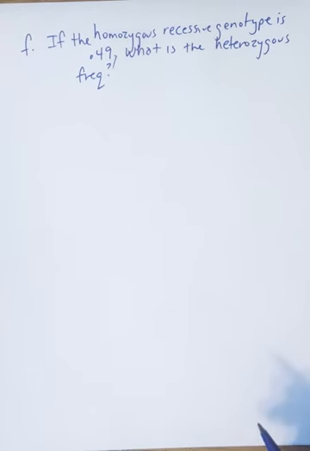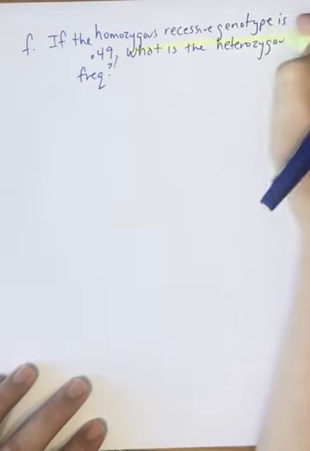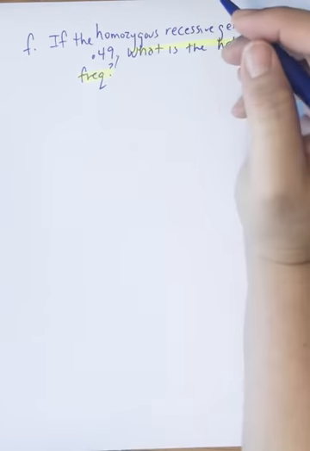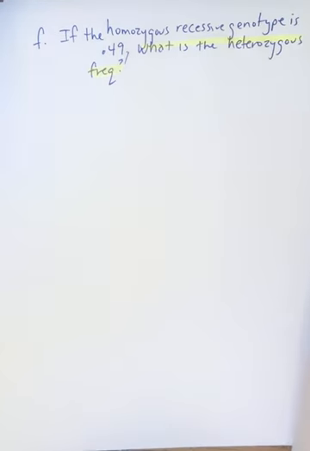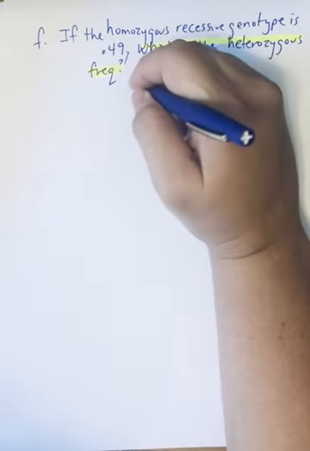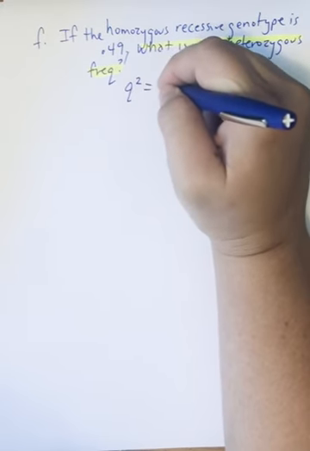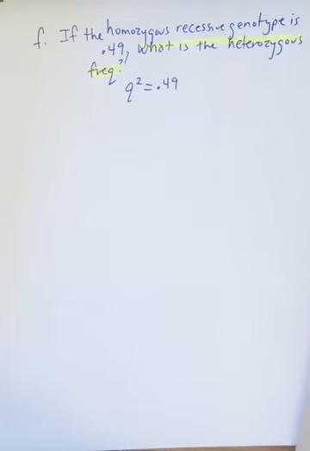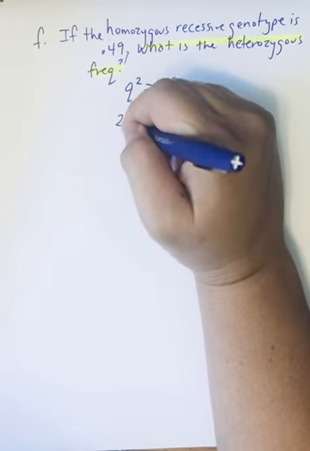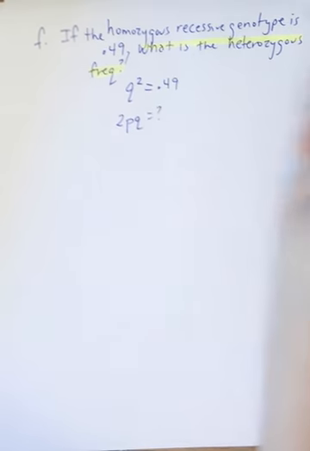So again, what is being asked of you? What is the heterozygous frequency and what's given? So let's see. Homozygous recessive genotype is Q squared. Q squared is equal to 0.49. And we want to know about heterozygous frequency, which is 2PQ.